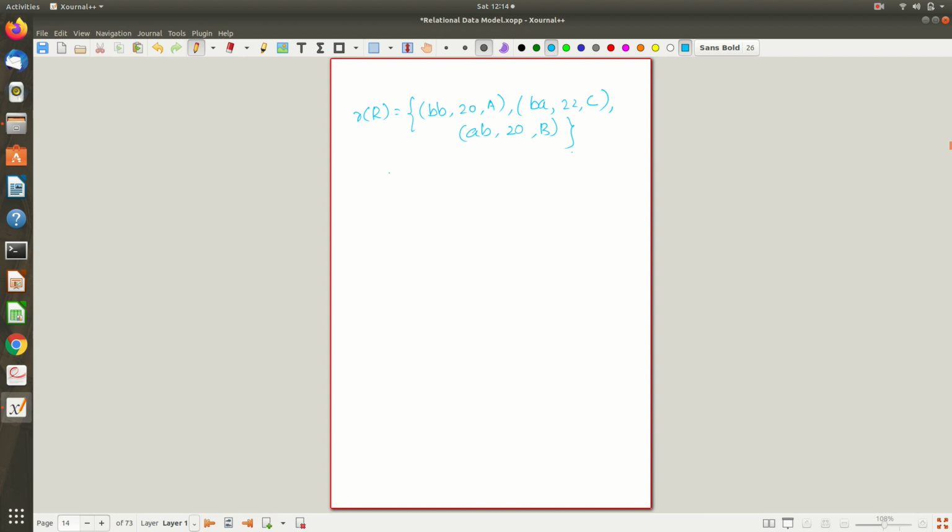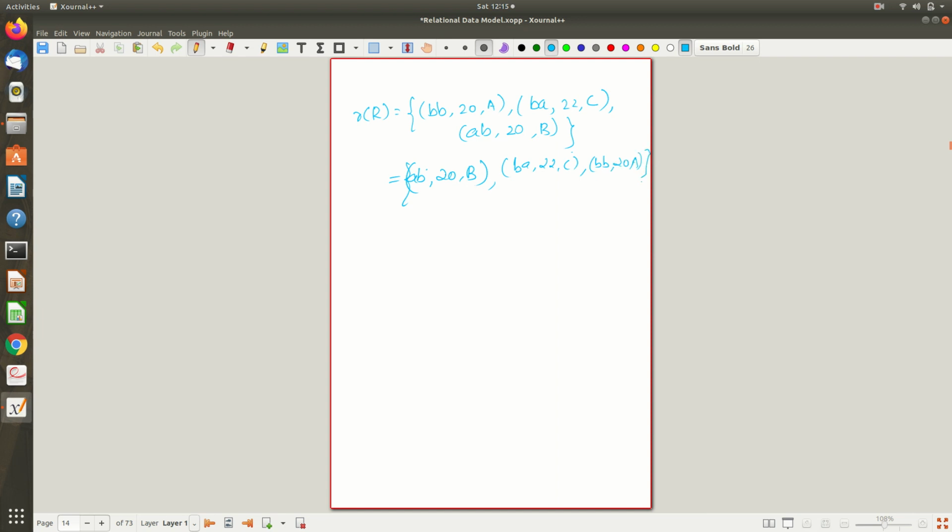Can I write the same thing as: let the first tuple be AB, 20, B, the second tuple be BA, 22, C, and the third tuple be BB, 20, A? See, this is also the same.